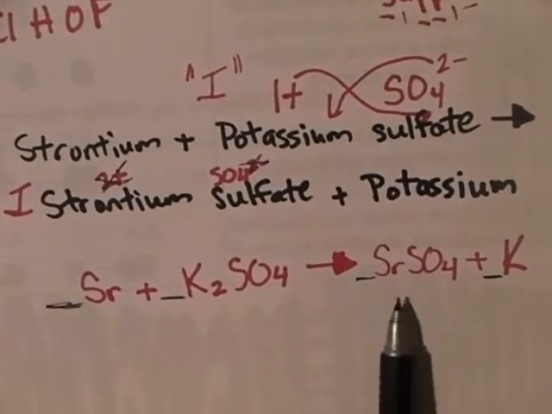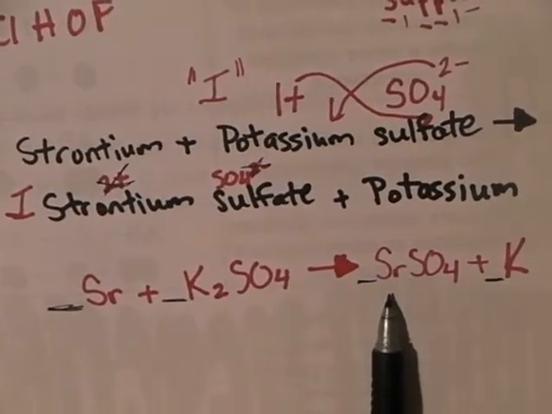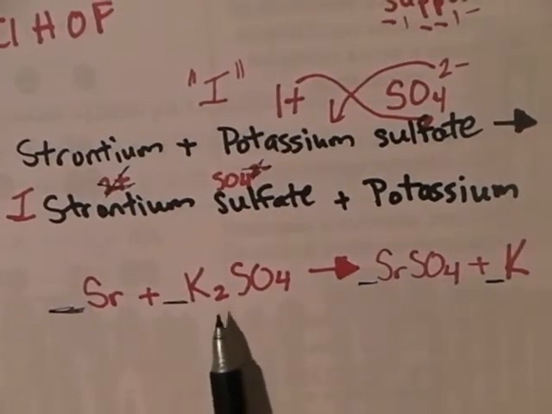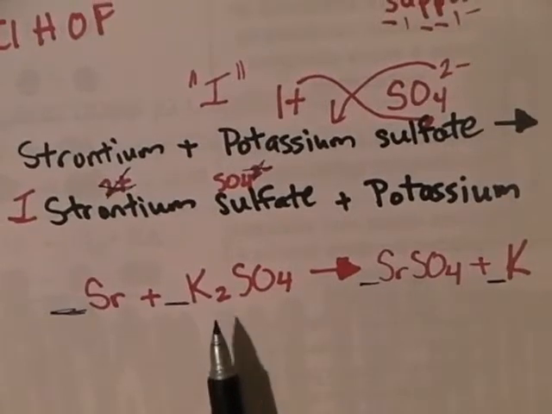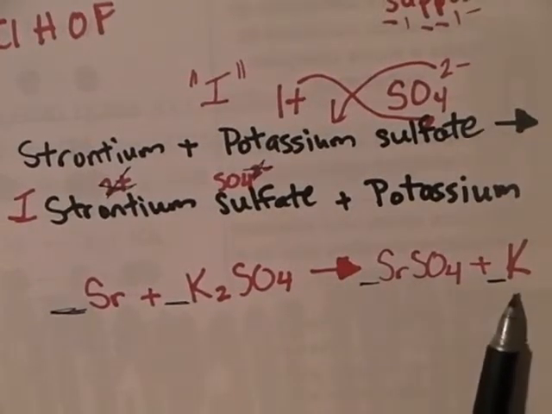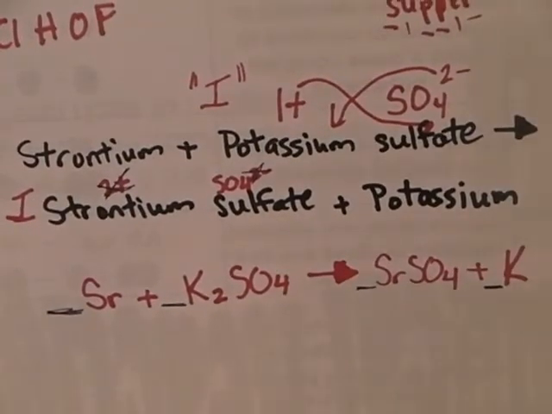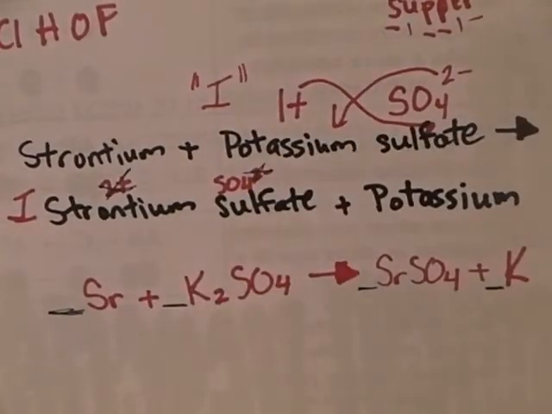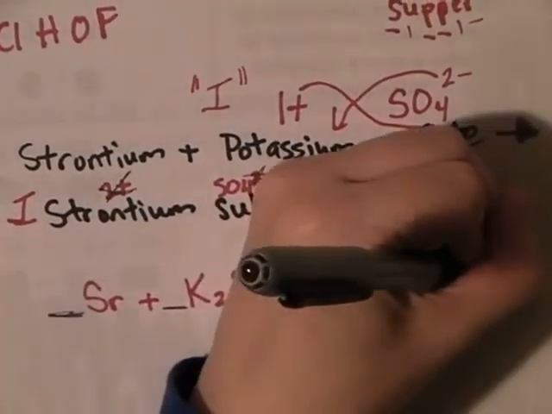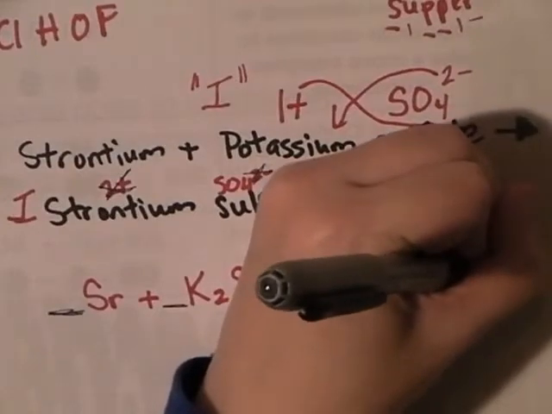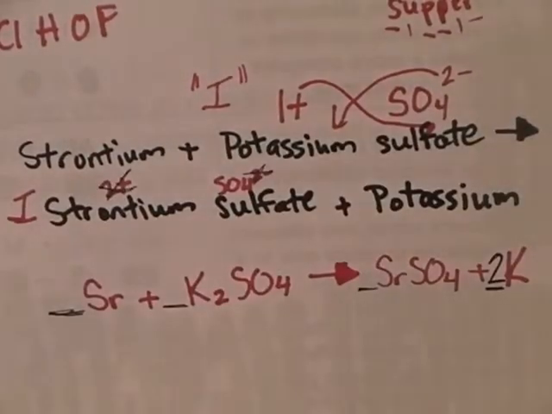Good, 1. And on this side? 1. So those are fine. How many potassiums on this side? Hopefully you said 2. And how many on this side? 1. So what do I need to do to fix that? Good, we're going to put a 2 in front of the potassium on the product side.